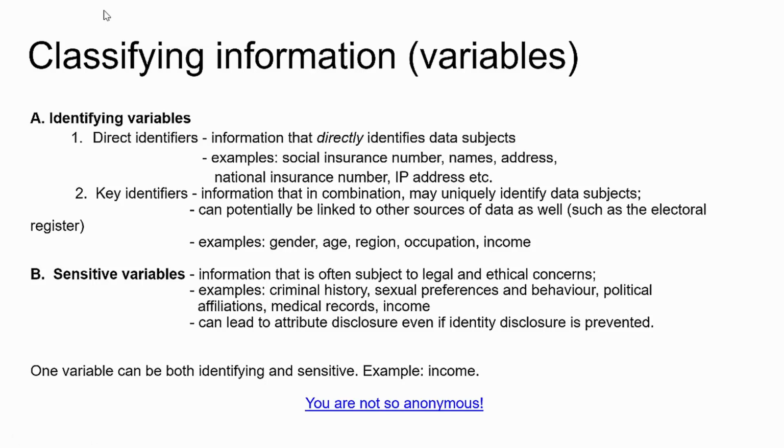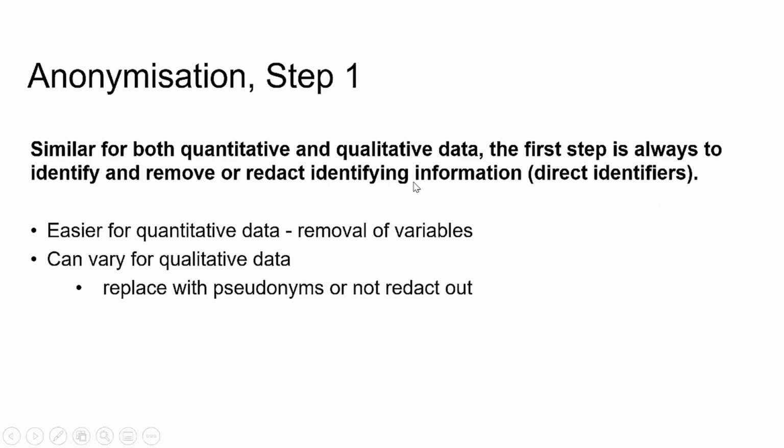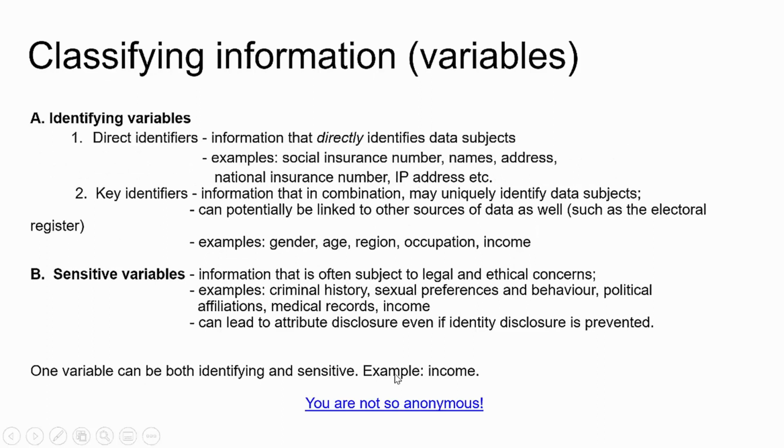But if you have the time to go and read that, it's about a computer scientist from Harvard who has a very cool job, and she does these exercises of picking data sets that are available and then trying to see if she can find out who the data subjects are.